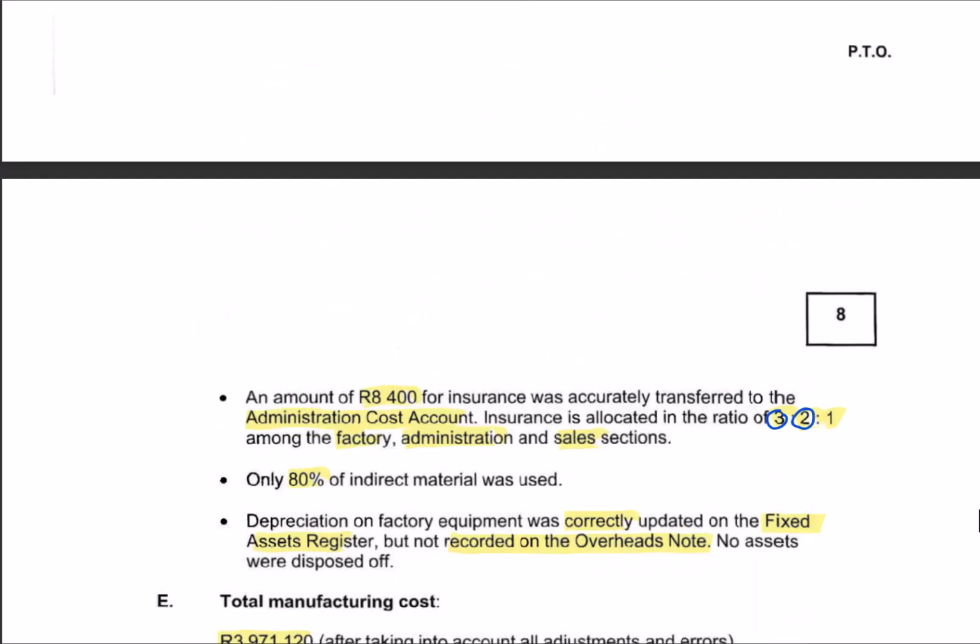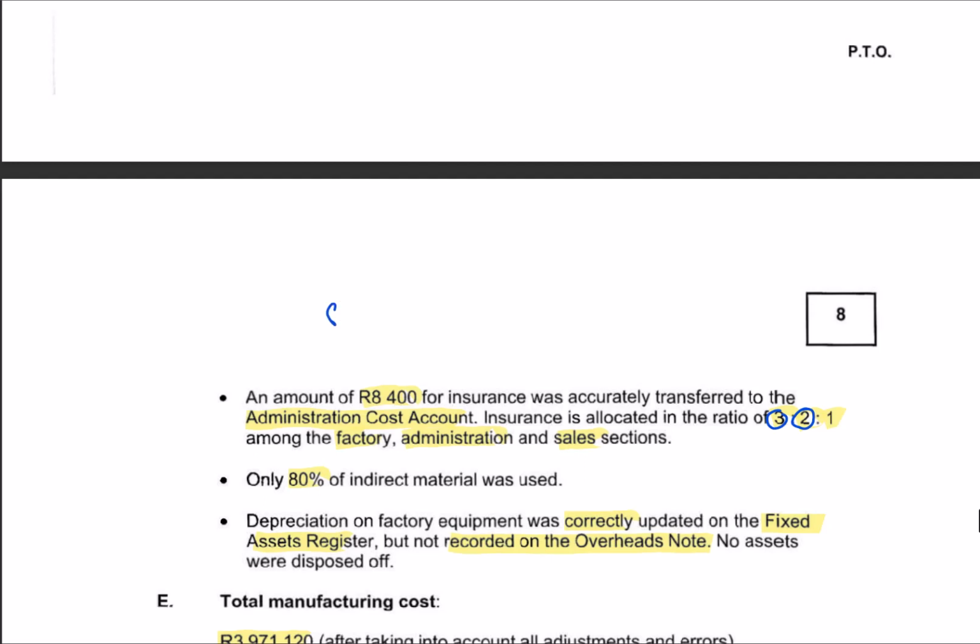But if you want to go longer, you can calculate the full amount, if that's the easiest way you can understand. So for the full amount, the denominator is the total of these, that is 3 plus 2 plus 1, that is 6.